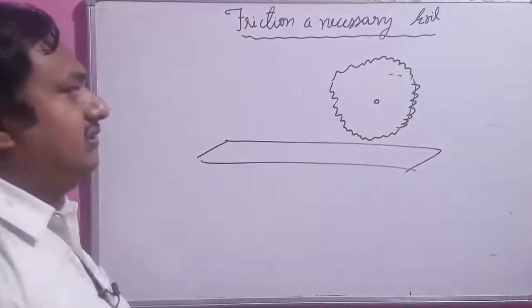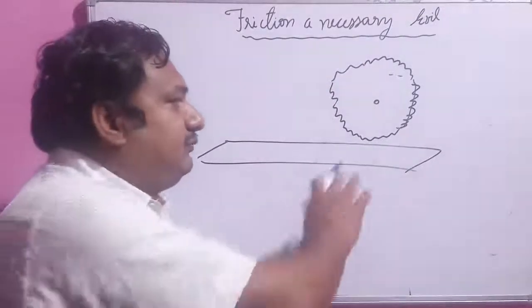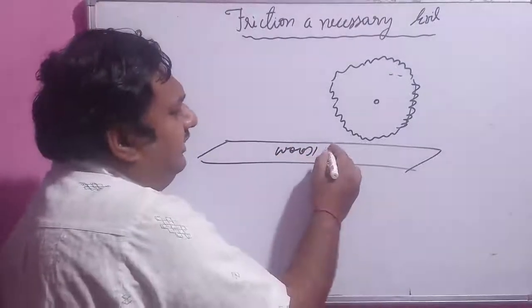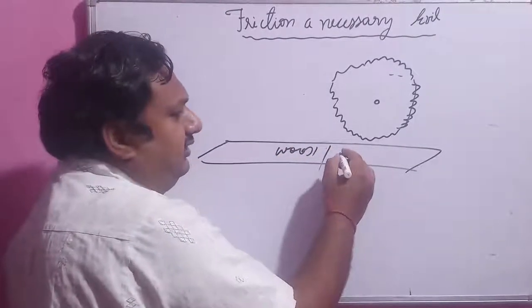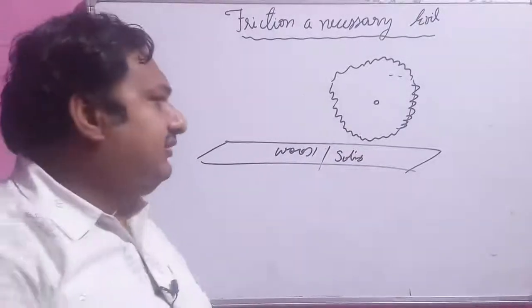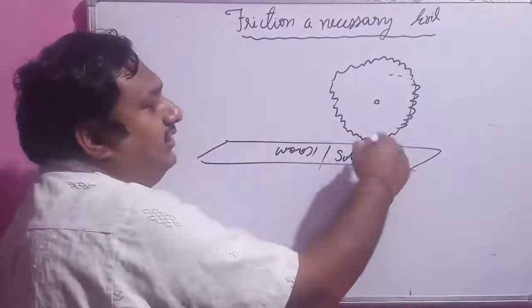Okay, so this is a circular machine, and in this machine, to reduce the friction force, because it can cut, suppose this is wood, or any solid thing, it can be a stone also. So by putting some soapy solution on this surface, we can reduce the friction.